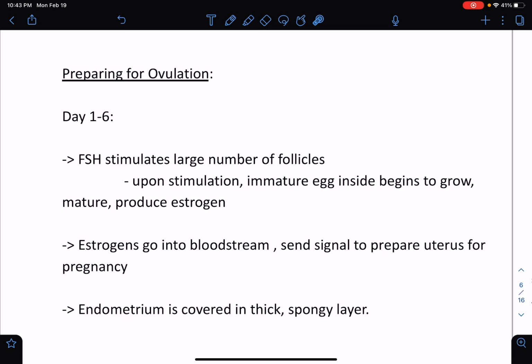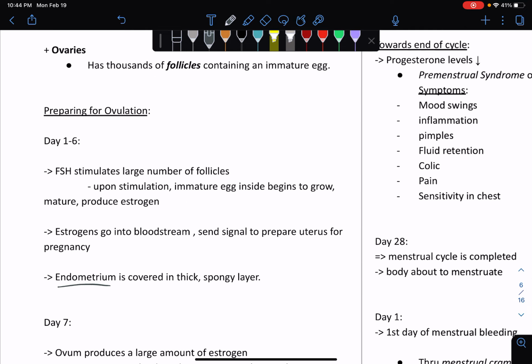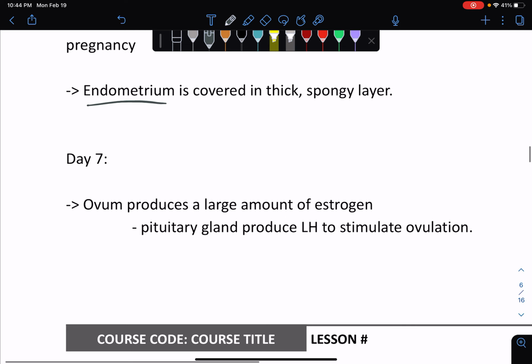It is known that this same part of the female reproductive system is where the shedding of the lining occurs. So for day 7 onward, the ovum produces a large amount of estrogen.